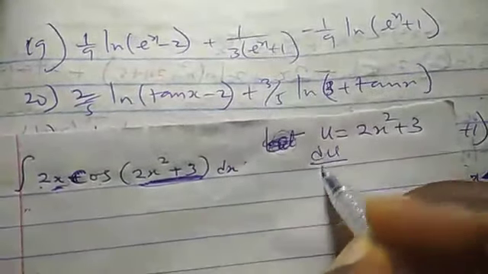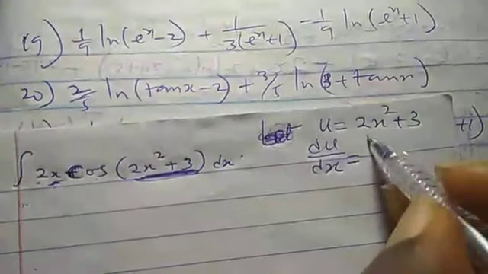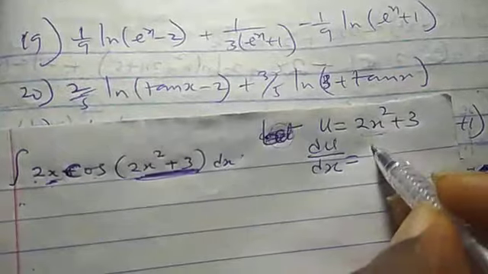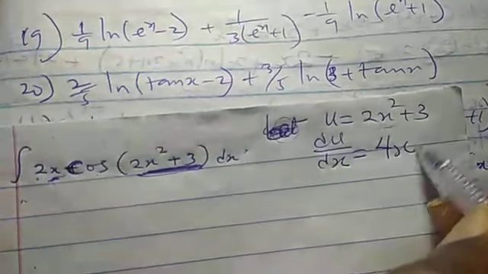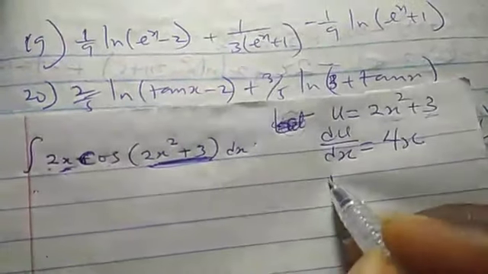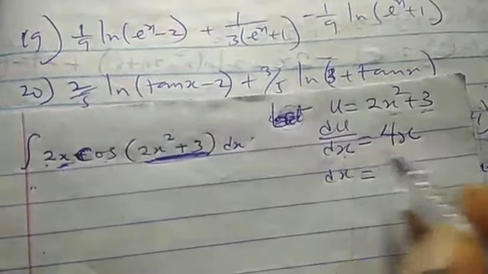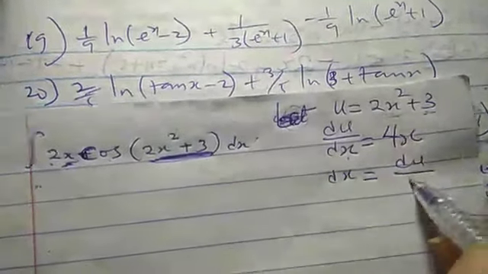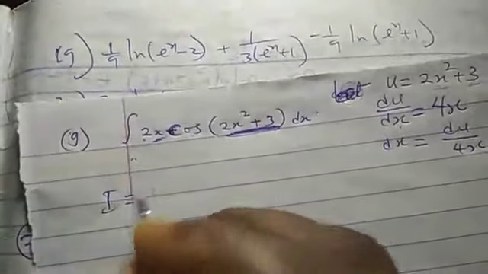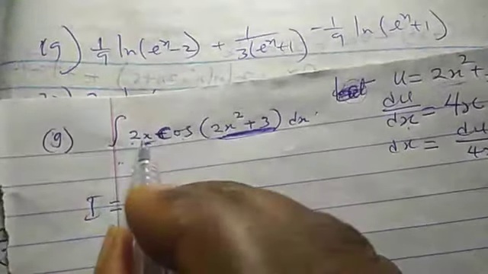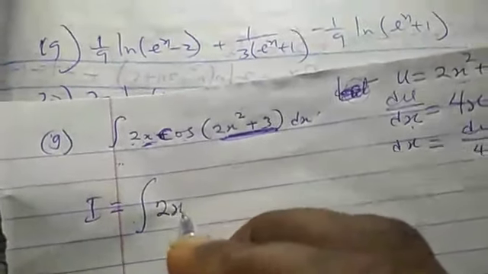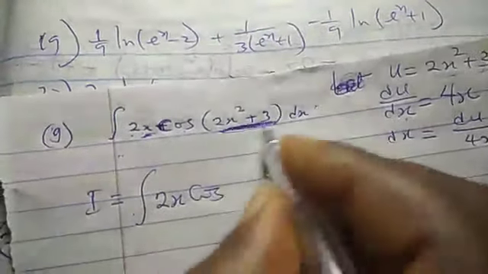The next thing is I'll find du dx. If I differentiate this, I'll have 4x, and this 3 is 0. If I make dx the subject of the formula, I'll have du over 4x. So that my integration will now become 2x, which has no representation, but this one has representation.